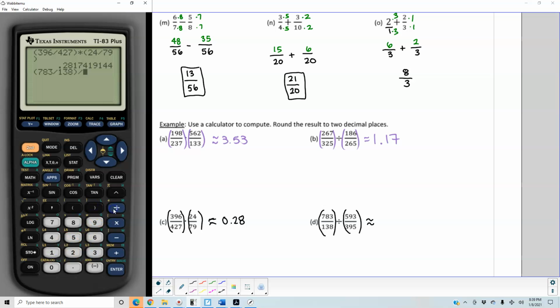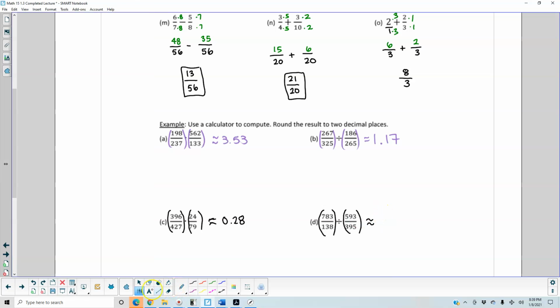And then we're going to have our division symbol. And then our next fraction with a parenthesis, 593 divided by 395. And we're going to round that to 2 decimal places. So the 9 tells us that we need to go up 1 for the 7. So that gives us 3.78.